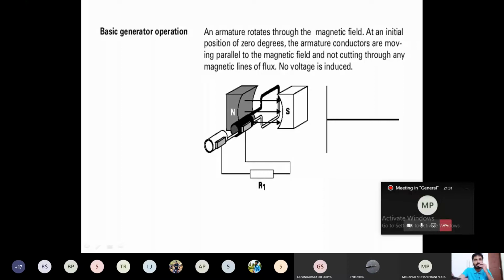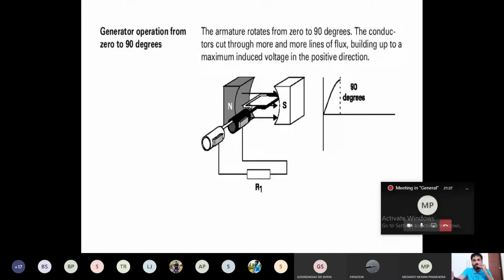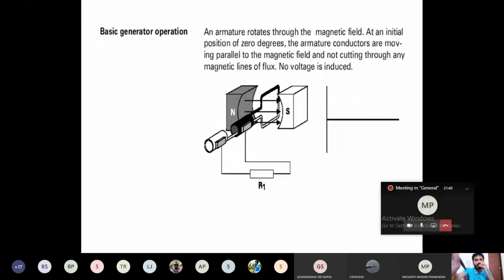In this particular case, the conductor is at the 0 degrees position. So what is the current flowing through it? It is 0, because no voltage is induced. It will be indicated in the diagram.